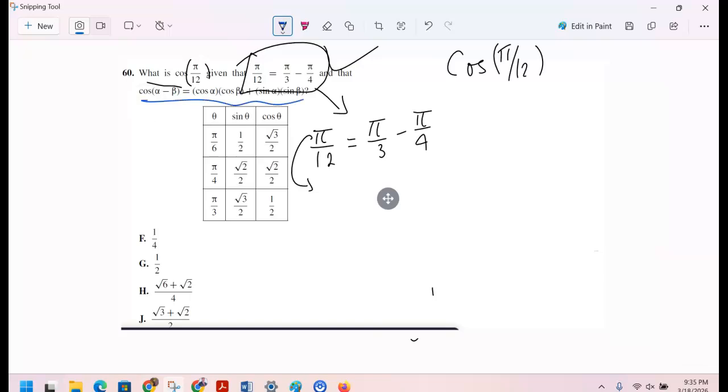The formula is this one: cosine of alpha minus beta is given to you as cosine alpha cosine beta plus sine alpha sine beta. So all you do is just replace.